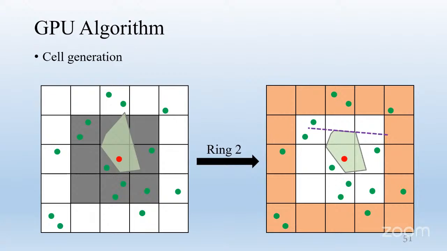After these clippings, the cell is getting smaller and smaller, that is, the maximum distance from the red point to its cell is getting smaller. In contrast, the minimum distance from the red point to the grids in the range becomes larger and larger.